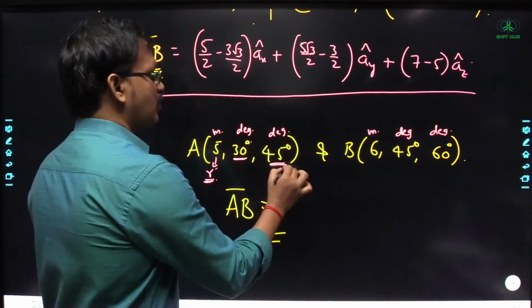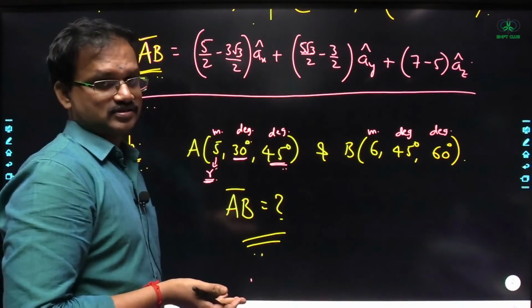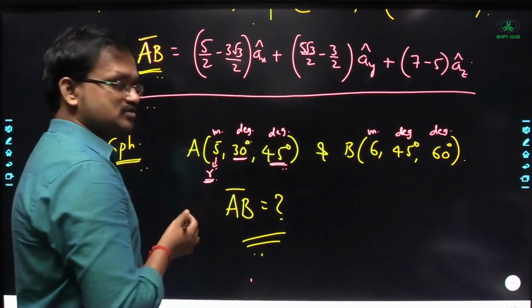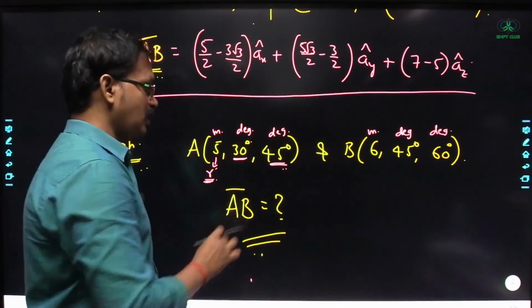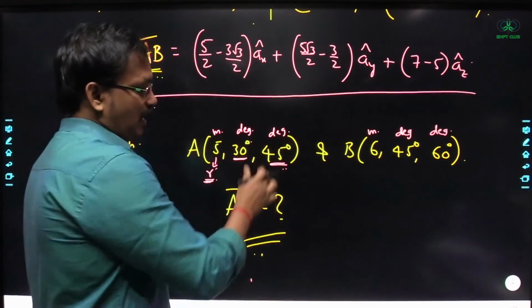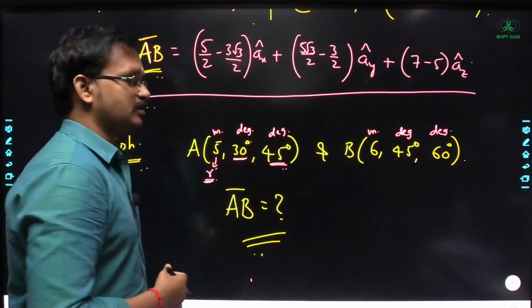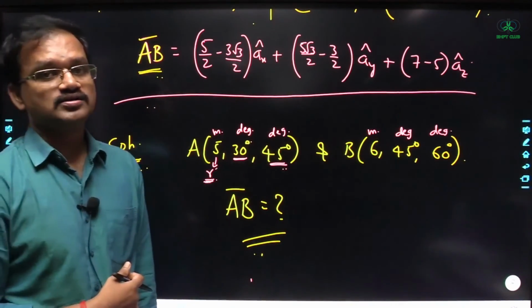And here 45 degrees is phi, which is measured with respect to the x axis. Understood? So the reference is also not the same.